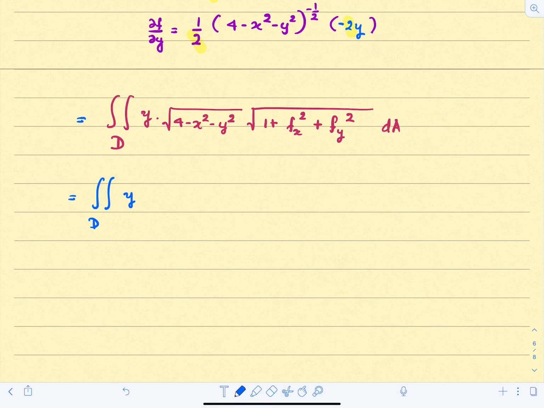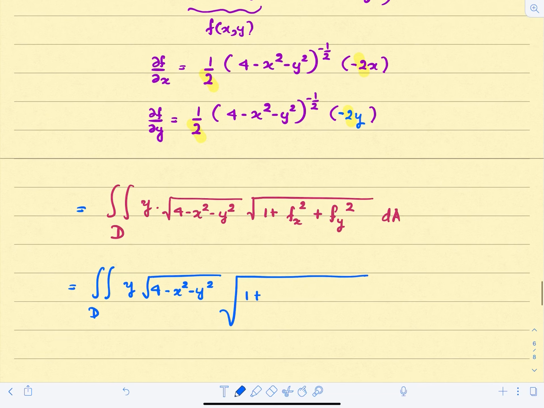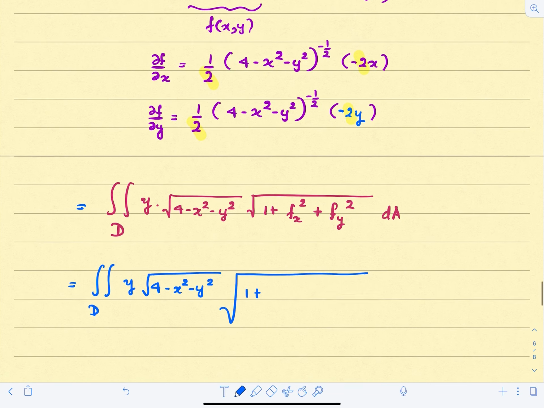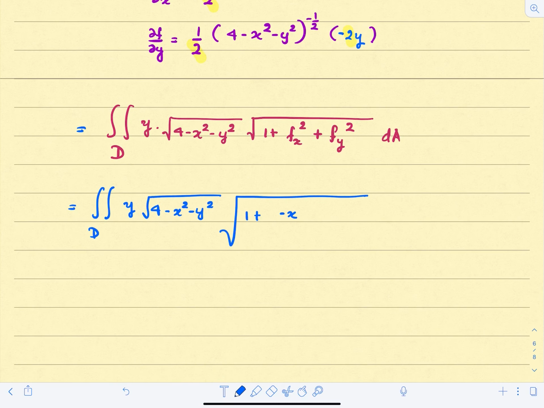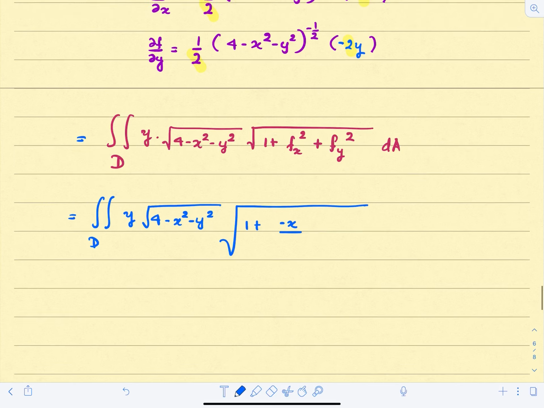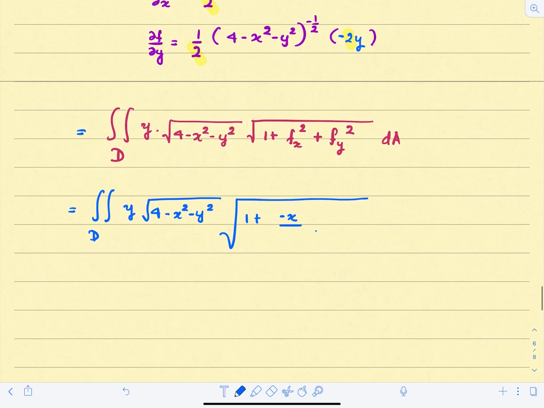Y times square root of 4 minus x squared minus y squared times square root of 1 plus, partial f partial x equals negative x over square root of 4 minus x squared minus y squared.